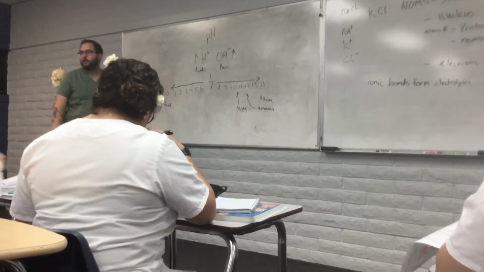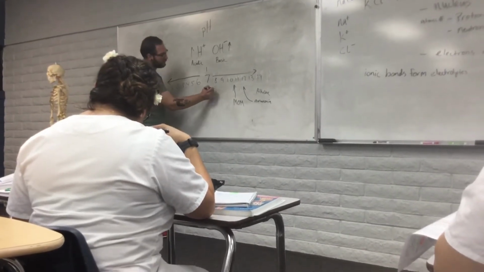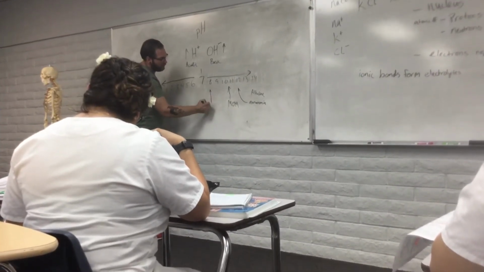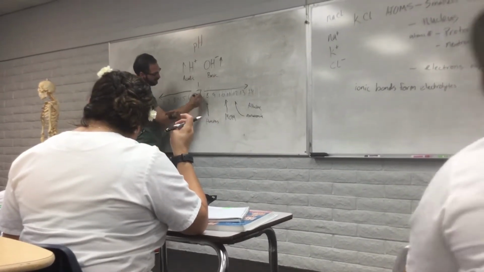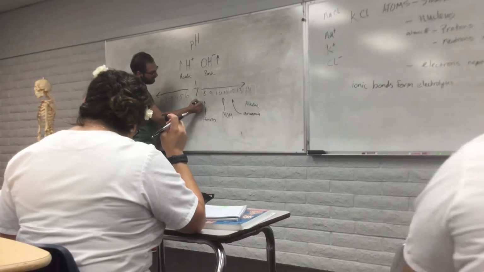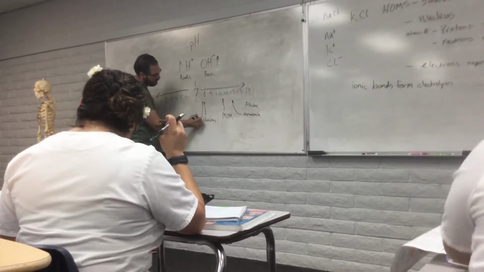Pancreatic juice is at 8. And then at 7.8 is semen. Yes. And then at 7.4 is blood.